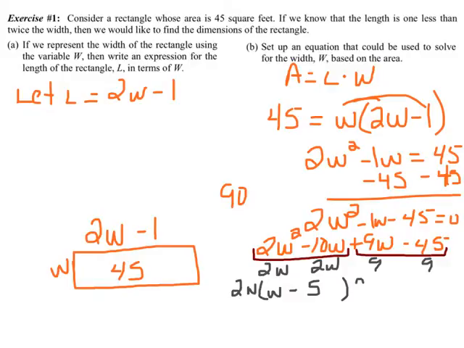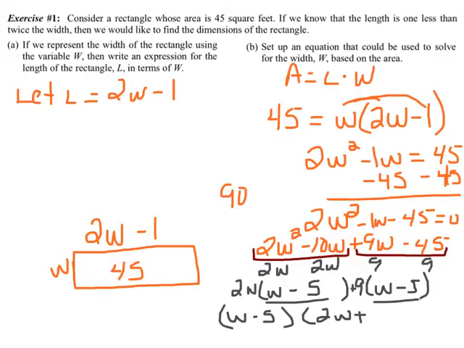Put 9 out front. It's going to be a plus 9. What's left? W minus 5. That's how we know we did it right. When I have W minus 5, W minus 5, the same thing inside, I know I did it right. What do I have left? I have W minus 5 times 2W plus 9.